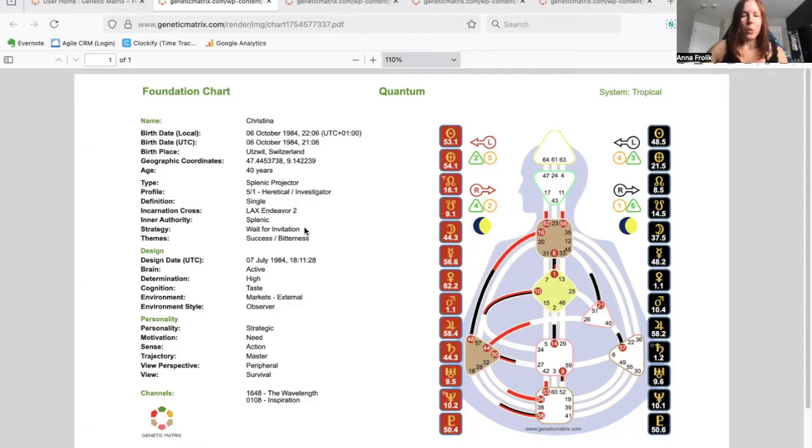When you enter into experiences, whether that's a collaboration, a relationship, a business, or a creative project, correctly, and also follow your splenic authority, which I'll explain in a moment, then you'll experience your signature theme of success.